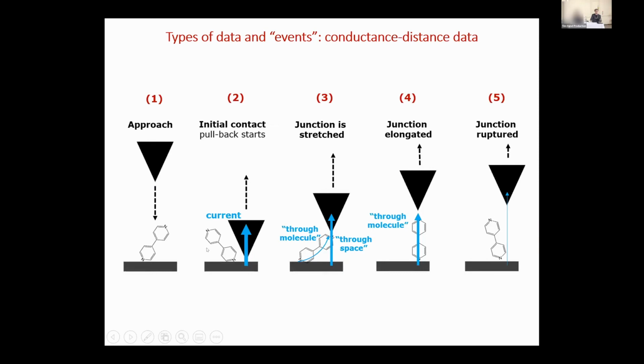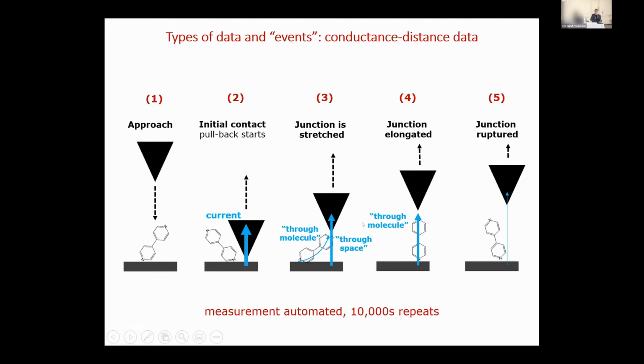But you can also use it to probe individual molecules. For example, you've got this 4,4' bipyridine on the surface. You approach that with the tip of an STM, which is basically a sharp needle. The tip is initially pushed into the surface and then withdrawn. As it withdraws, it picks up this molecular species on the surface until the junction breaks.